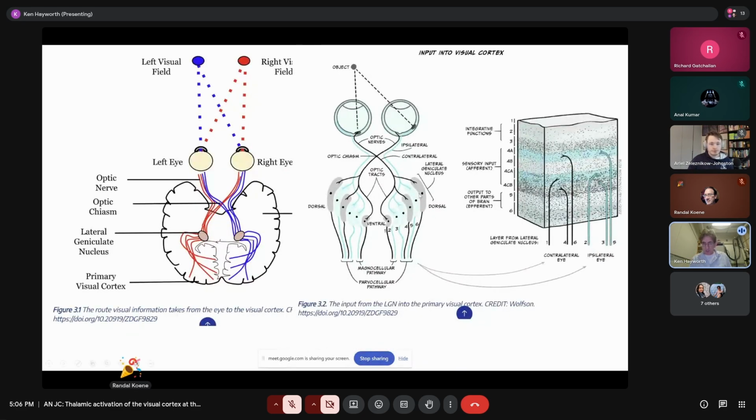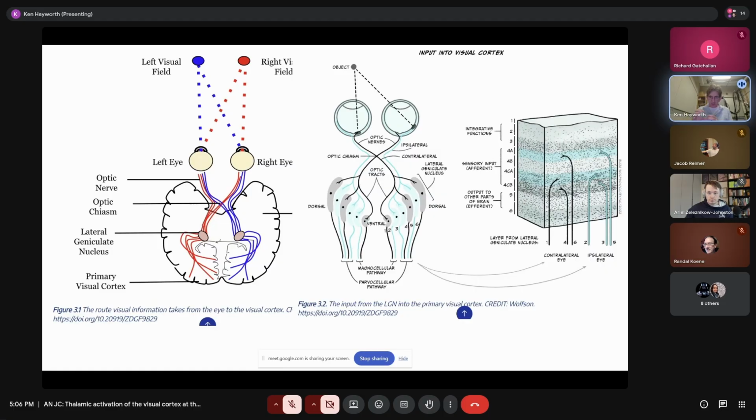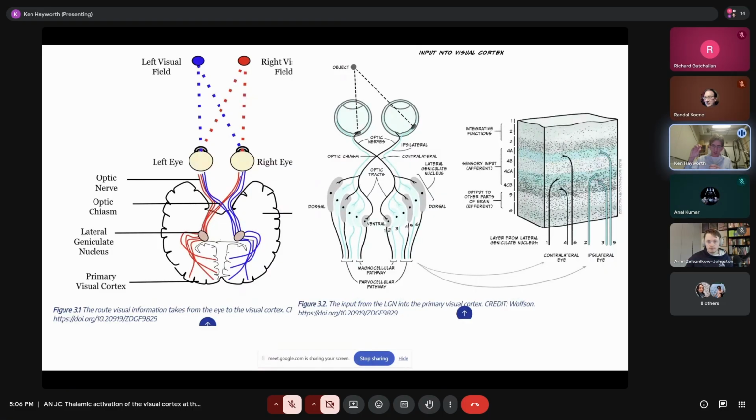The receptive field properties of these lateral geniculate neurons are what they call center surround. Each cell in the lateral geniculate nucleus is going to be looking at a particular location in visual space.